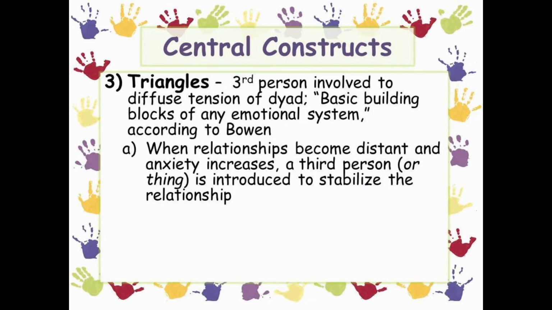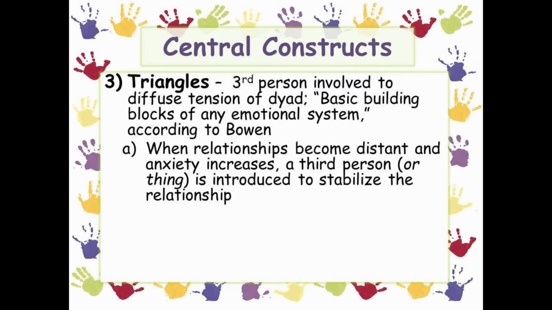The next central construct is triangles, in which a third person is utilized to diffuse tension of a dyad. Now, because of their prominence in most families, Bowen considered triangles to be the basic building blocks of any emotional system.